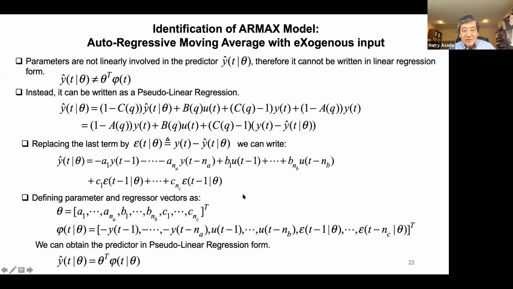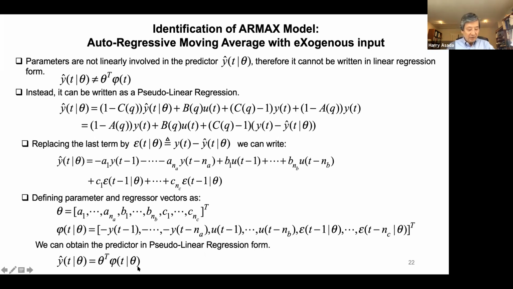And here, these terms, epsilon t minus 1 slash theta to epsilon t minus nc slash theta. Apparently, if you use this regressor, we can write it in a form where theta is factored out.